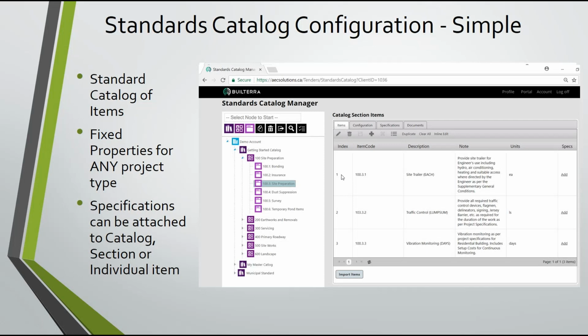This is where you can add all of your detailed data entry items in the catalog. It's important that if you're using item codes, you have them be unique, so that if you ever have to do a cost estimate query, they will be absolutely unique for estimating.